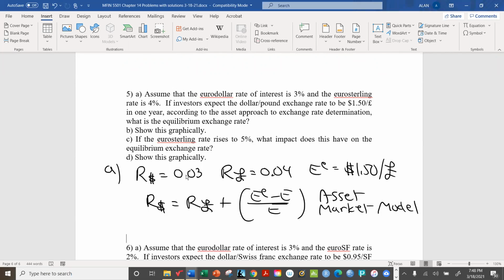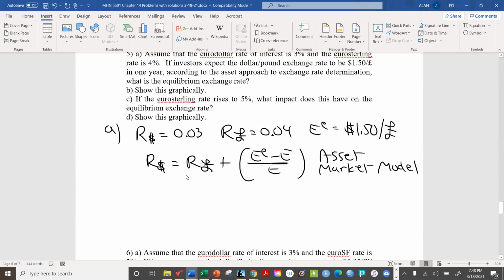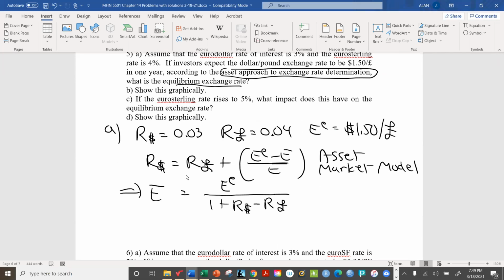What we needed to do to solve for the equilibrium exchange rate is to simply rearrange this algebraically and solve for E. And when we do that, I'll save you the steps, this equals the following. According to part A, we're being asked to calculate the equilibrium exchange rate according to the asset approach to exchange rate determination.